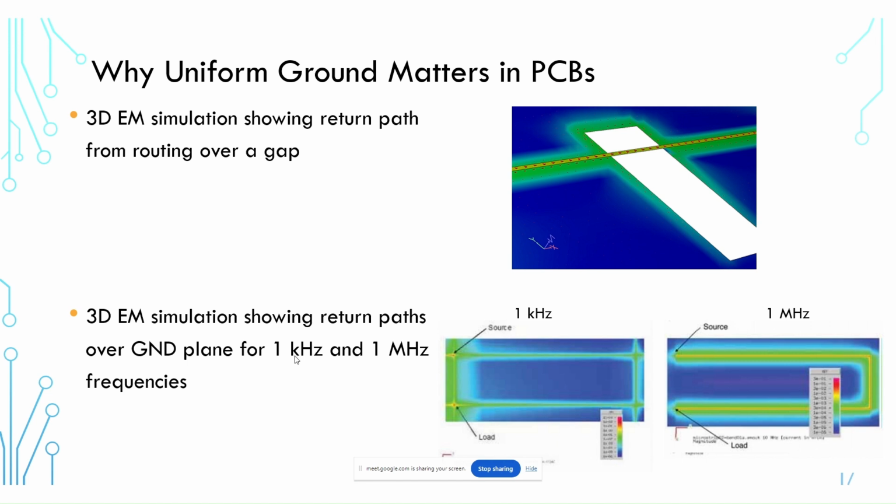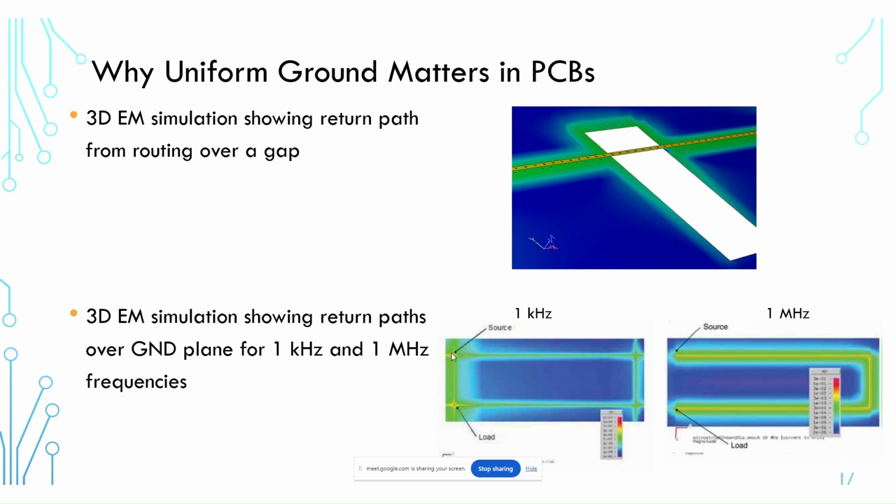So either of these signals could be quite common in a mixed signal PCB. Now, what we see on the left-hand side is, of course, when we have the 1 kilohertz signal and we have our source and our load, and we're trying to put that signal around a trace as outlined here around the edge, we can see that most of the return current actually just passes directly between the source and the load in the ground plane. So here you have a really big circuit loop that defines the path for current.